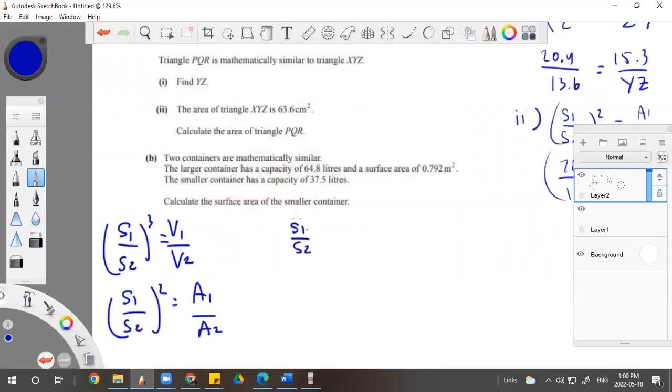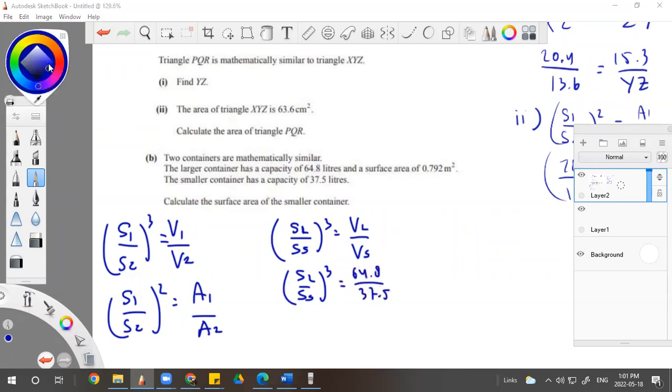Side of the large over side of the small, cubed, equals volume of the large over volume of the small. Right? SL over SS cubed, we don't know either of them. Volume of the large is 64.8 over 37.5.